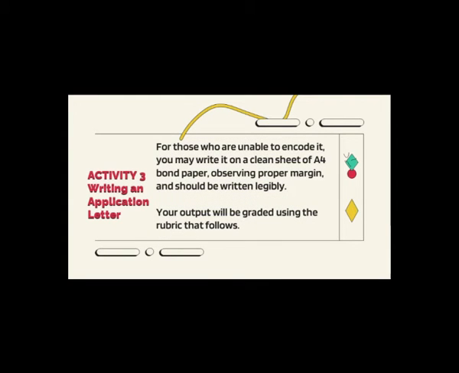For those who are unable to encode it, you may write it on a clean sheet of A4 bond paper, observing proper margin, and should be written legibly. Your output will be graded using the rubric that follows.